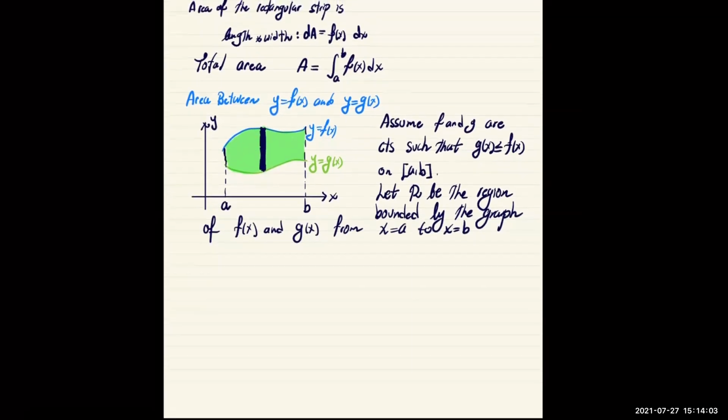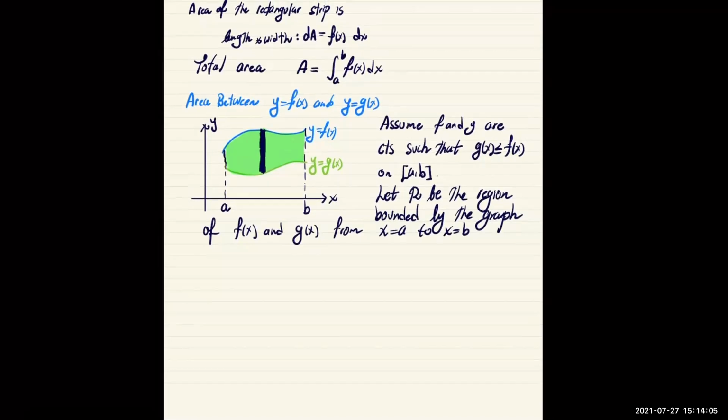So again, the width of this rectangle is pretty much a small change in x. It's delta x, or dx. Call it dx.